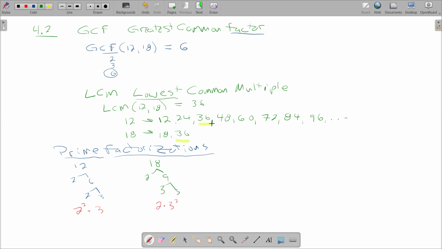And I've mentioned a couple of times now that for the greatest common factor for prime factorization, what we do is we take the lowest power of common primes.